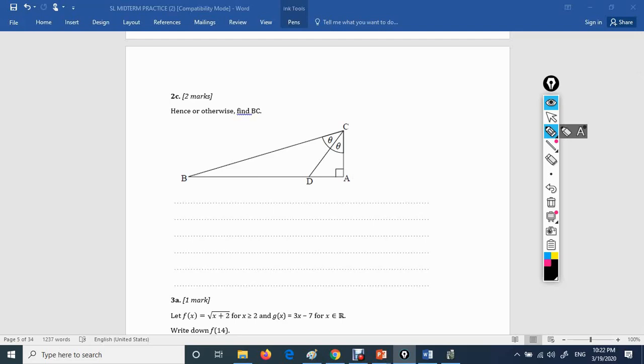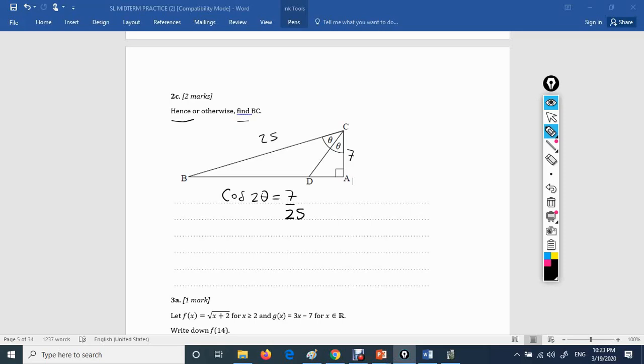So let's work on question 2c, where they say, hence or otherwise find BC. Now remember that when they talk about hence, it means use the previous information. So what is the previous information? The previous information is that cosine of 2 theta is equal to 7 over 25. Now cosine is the adjacent side, so this side 7 over hypotenuse 25.